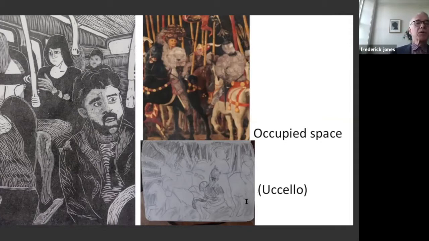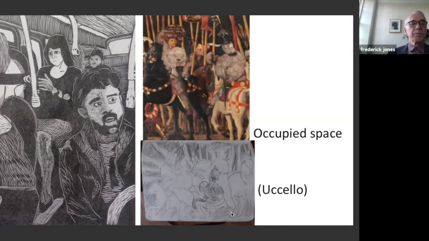On the left is my wood engraving. That is people on a bus. But the poles on the bus, to me, are like the spears in Uccello. And everybody in the engraving is pointing in a different direction. The guy at front looks rather panic-stricken.